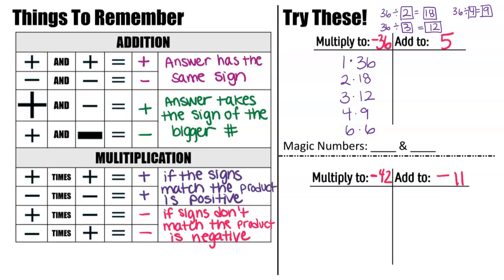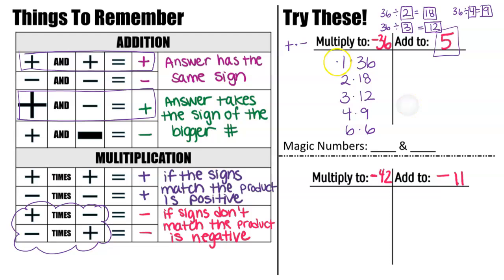All right, so now none of these obviously multiply to a -36. If I want to multiply to a negative answer, I need one of my numbers to be positive and I need one of my numbers to be negative. And this is where we have to think a little bit, and to think saves us a little bit of time. If I know I want my sum to be a positive answer, I either need both of my signs to be positive, which can't happen in this case, or I need the bigger number to be positive.